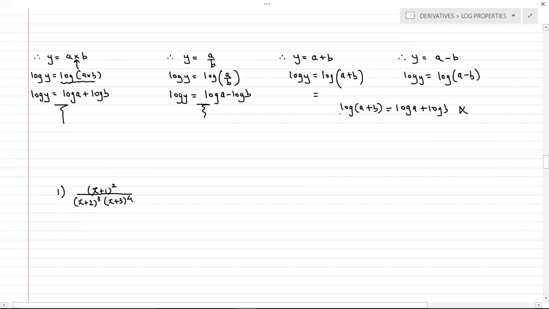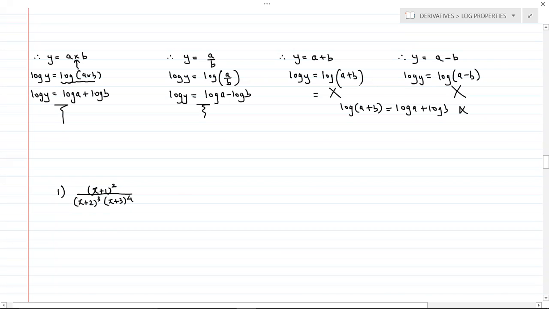So clearly we don't have any formula in the log properties where we can solve the sum further for log a plus b. Check out the previous video that I shared in the Google Classroom. Is there any property with respect to log a plus b? No, we cannot apply any property, even for log a minus b.